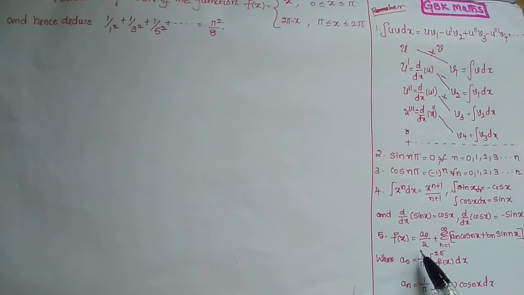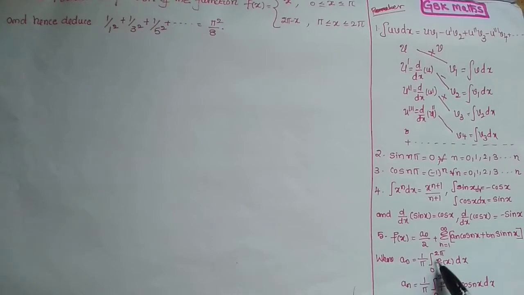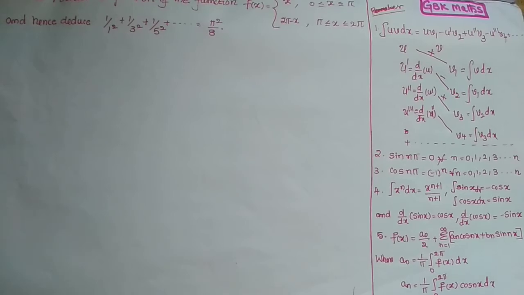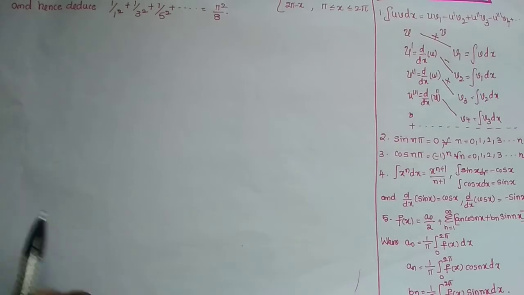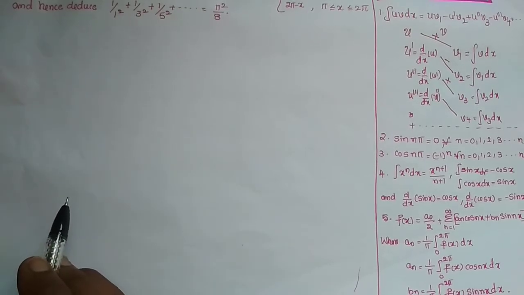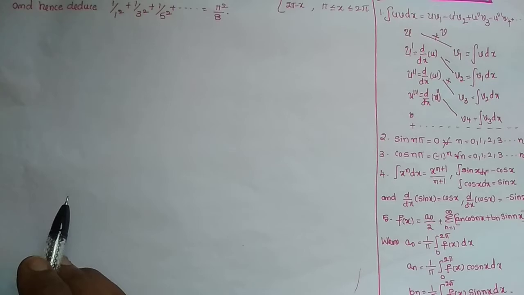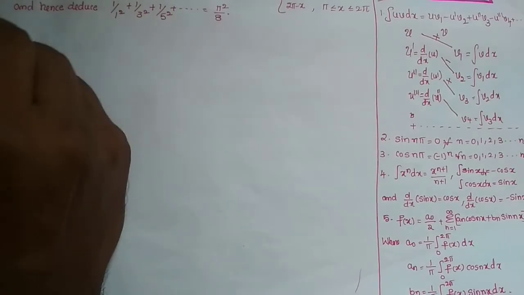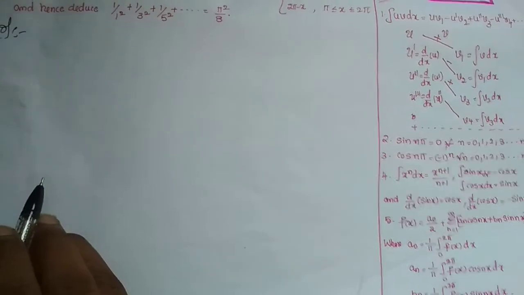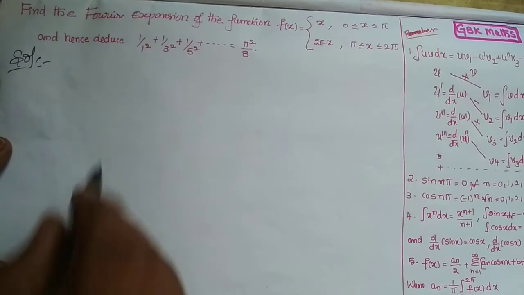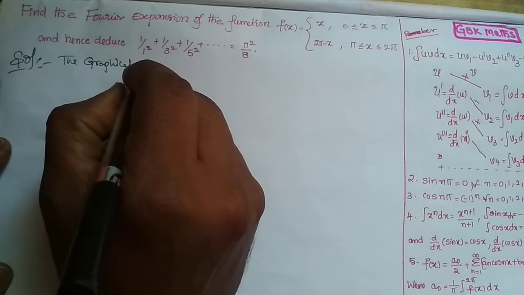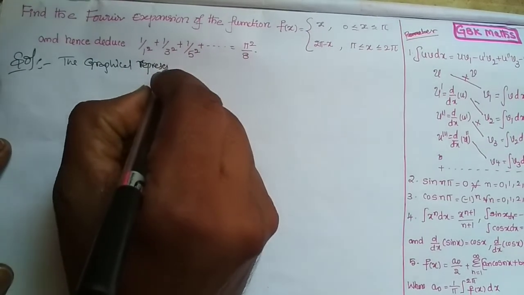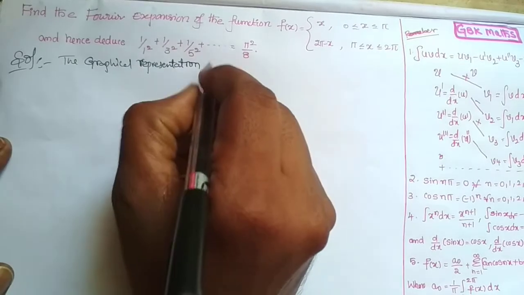This is the Fourier series for the function f of x in the interval 0 to 2 pi, and here the a0, an, bn values are given below. Now I am also going to sketch the graphical representation of the given problem. So, solution, the graphical representation.